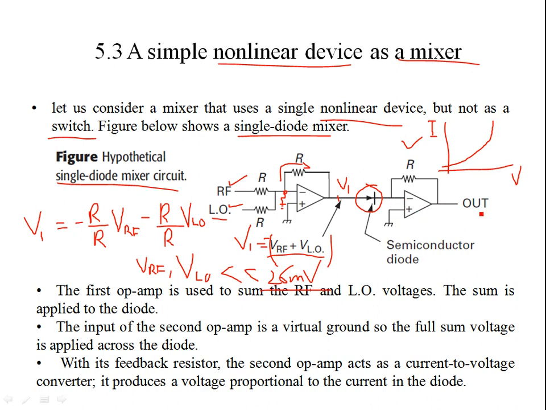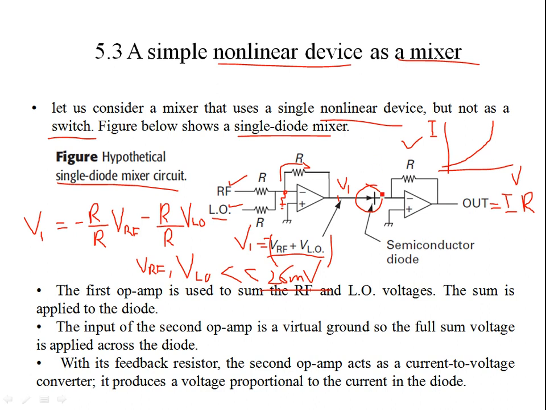And for the second op-amp, from where we take the output, since no current can go inside the op-amp in either of the op-amps, Vout is nothing but I, which is the nonlinear current of the diode, multiplied by R. So the second op-amp is a transimpedance amplifier, a current to voltage converter.